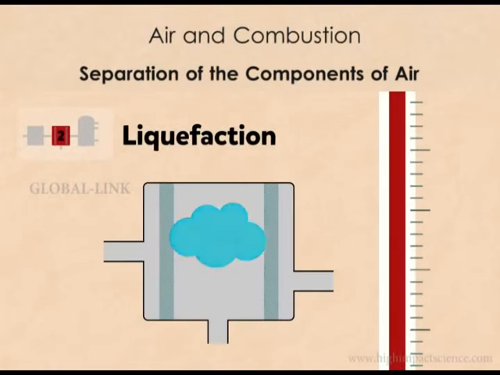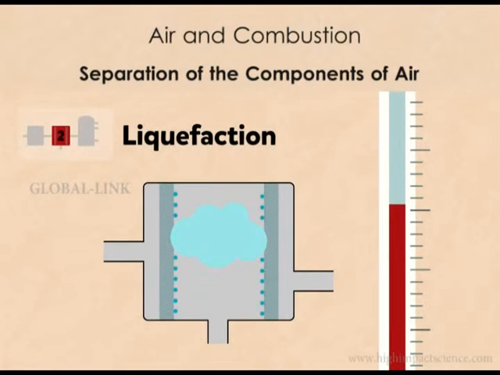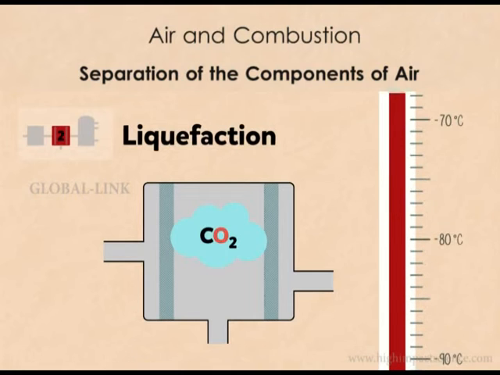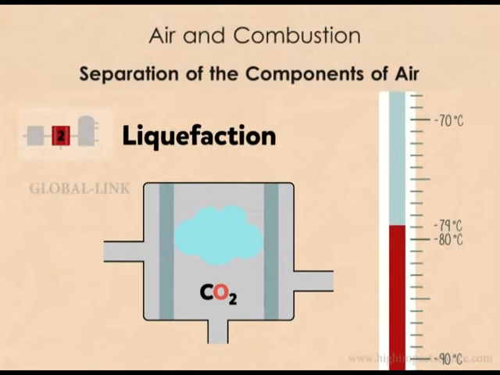As it is cooled, water vapor condenses and it's removed by absorbent filters. Carbon dioxide is then removed at negative 79 degrees Celsius when it freezes. Alternatively, it can be removed by passing the air through sodium hydroxide solution. This leaves oxygen, nitrogen, and argon.